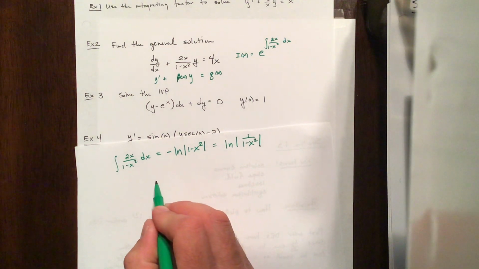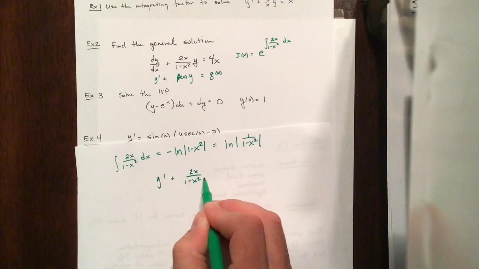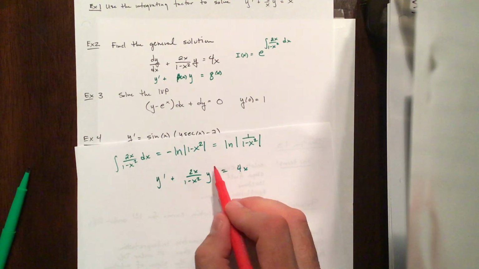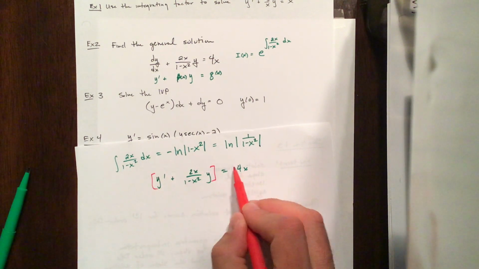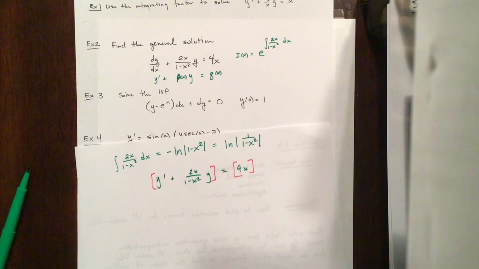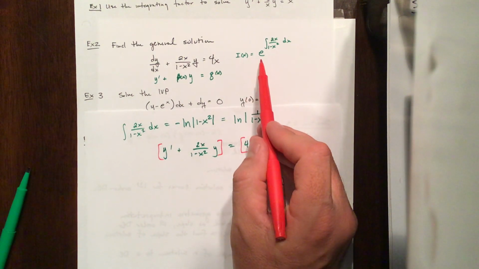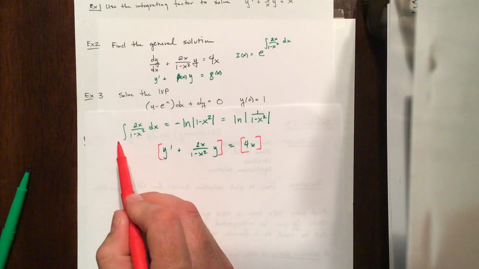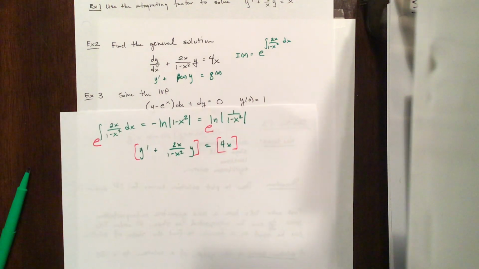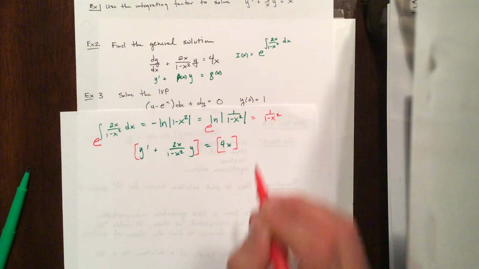So you're going to take y prime plus 2x over 1 minus x squared y. I'm recopying the problem right now. And you're going to multiply it by, sorry, got one step ahead of myself. The integrating factor is e to this integral. So now I would apply e here and e here. The e's and the natural log would kill each other off, and my integrating factor is 1 over 1 minus x squared.